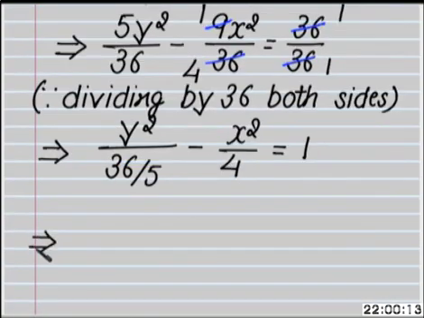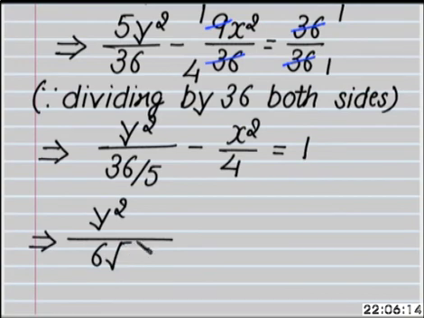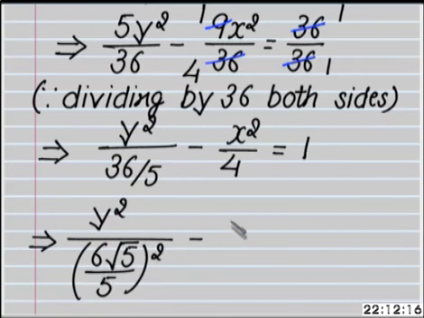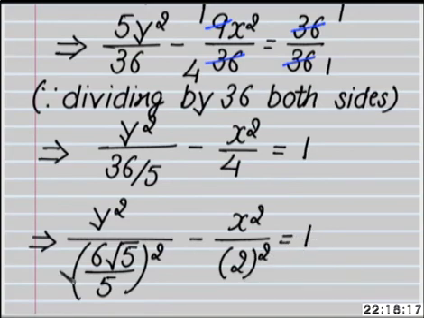Further implies that it is equal to y² upon (6 into √5 upon 5) whole square minus x² upon 2 square equal to 1.